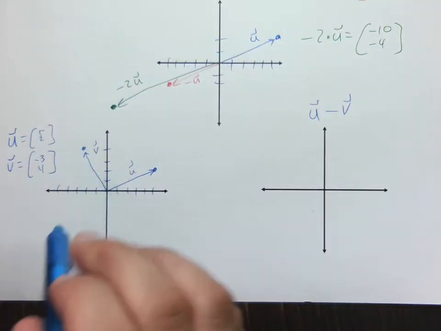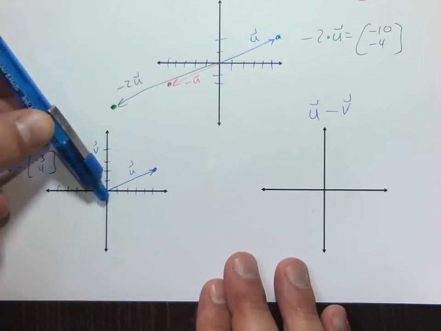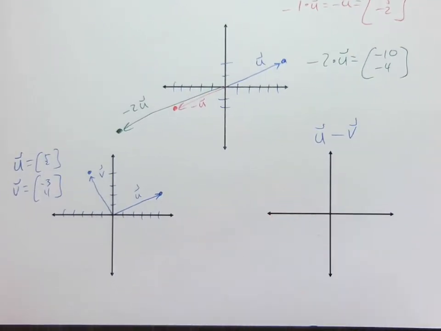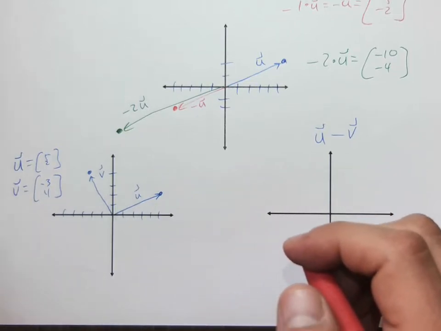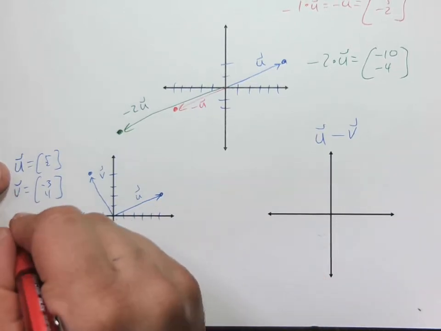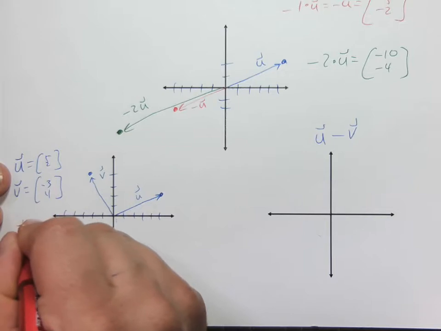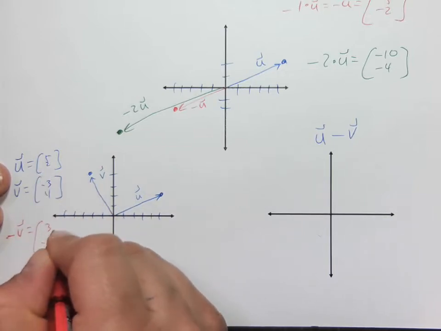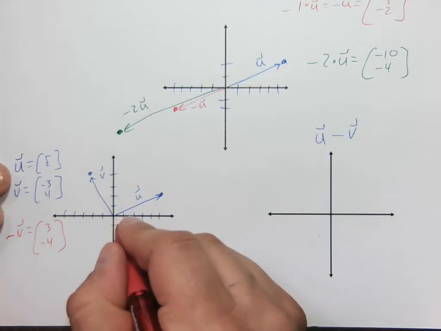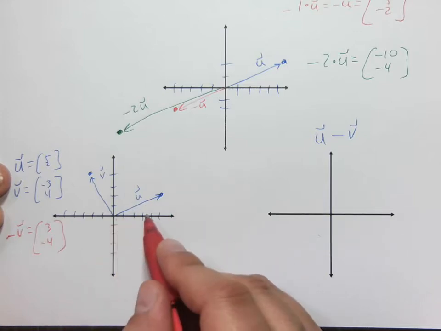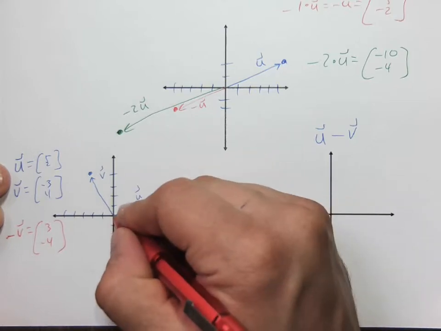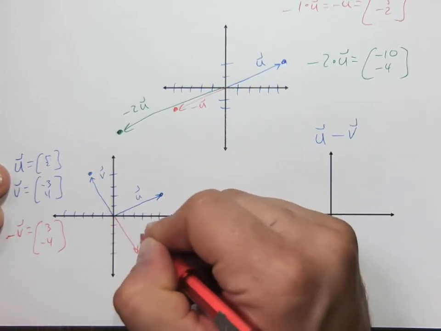So minus v is multiplying these by -1, so it'd be 3, -4. So we'll go over here: 1, 2, 3, -4. You can see it's the same vector, just pointed the other way.